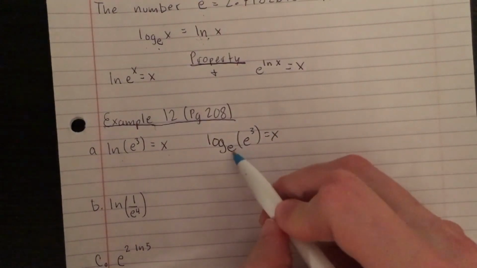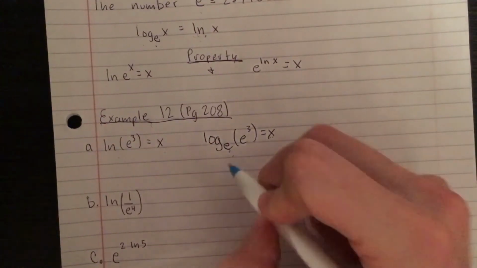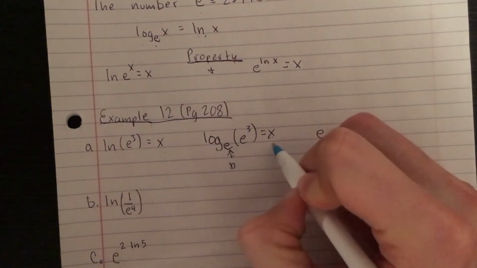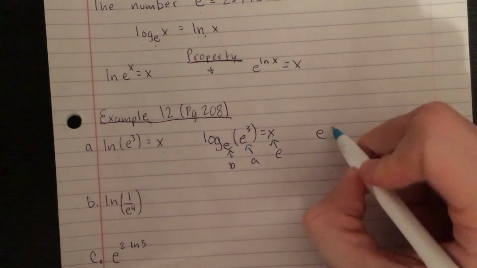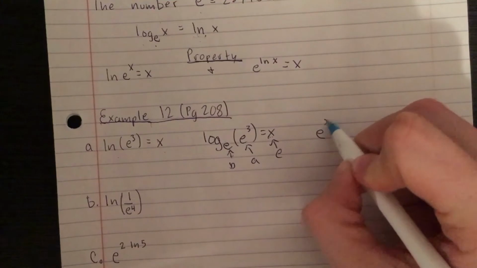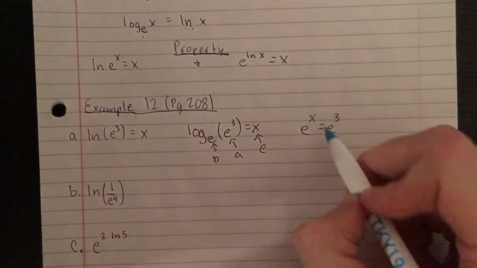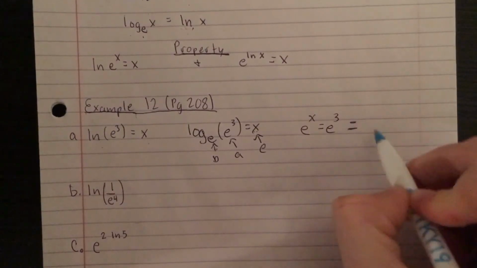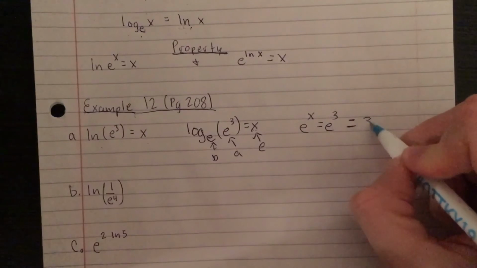So we're saying this base right here to this exponent right here is this answer. So e to the x equals e to the third. And so that just means that x right there is going to be 3.